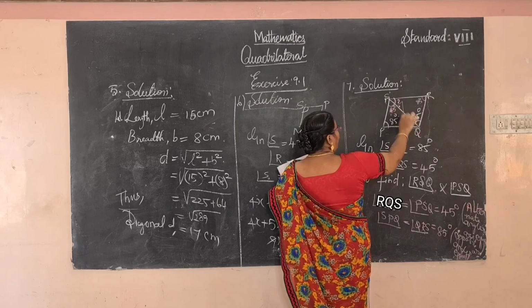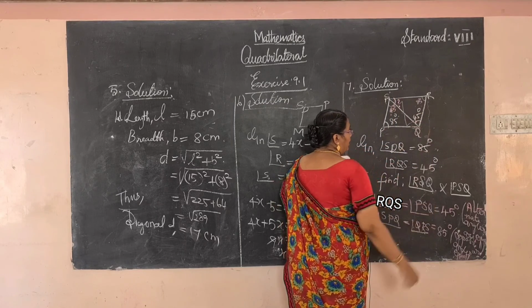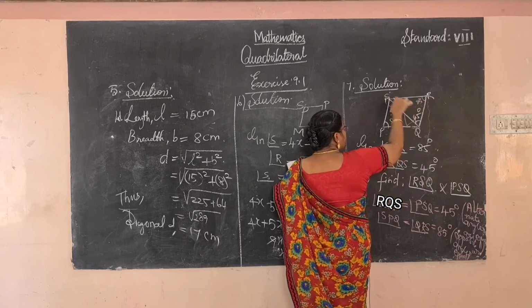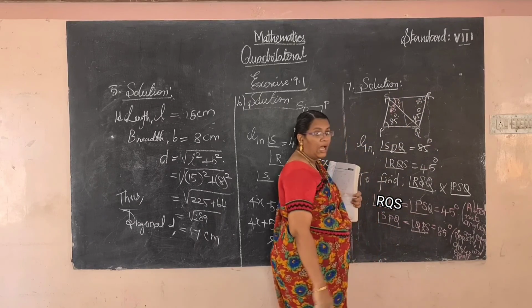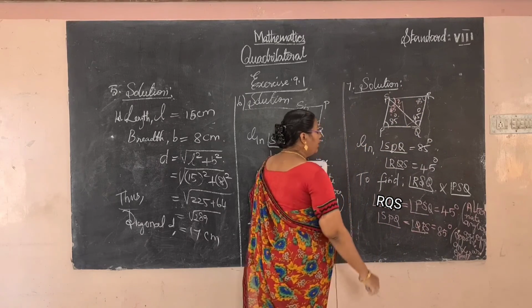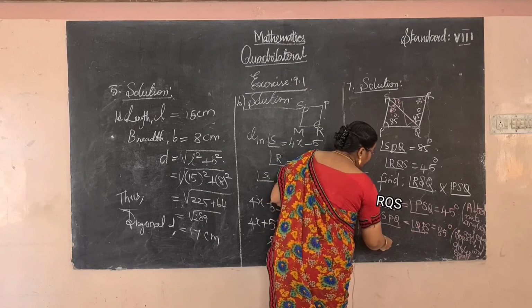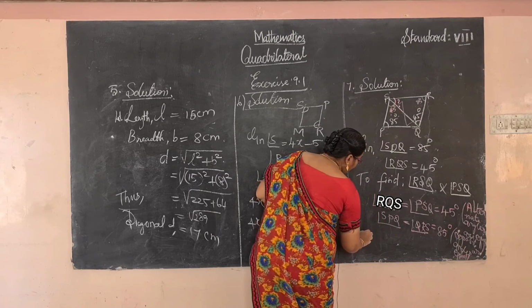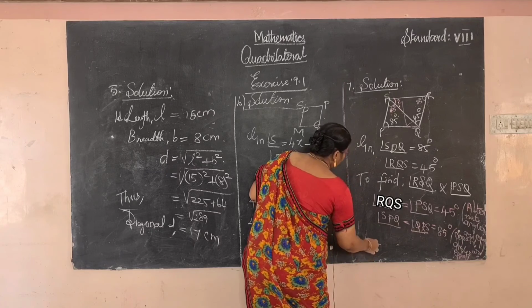Then only we write that alternate angles are equal. Or you can find this triangle using the angle sum property of a triangle. What is the angle sum property? The sum of the angles. What angles are there?